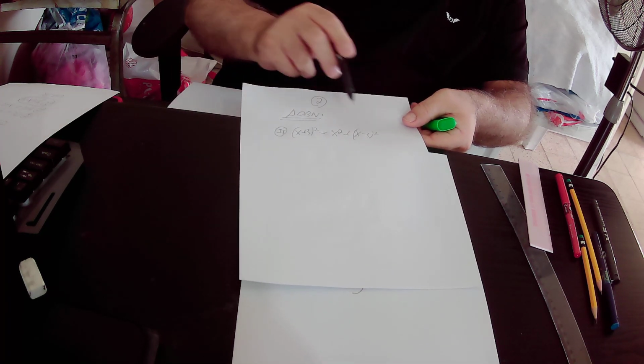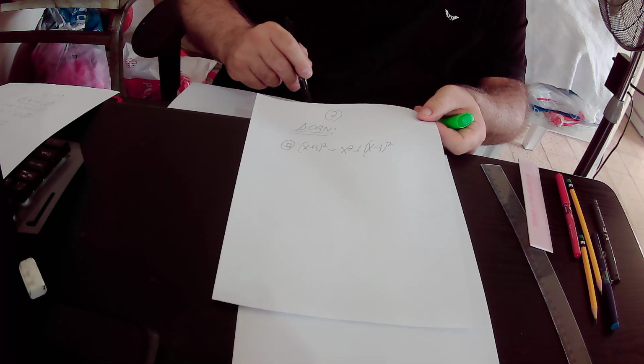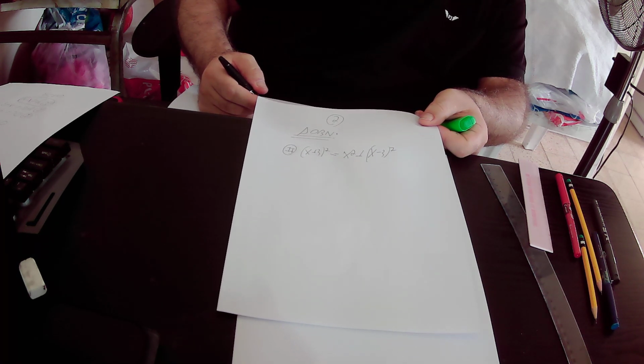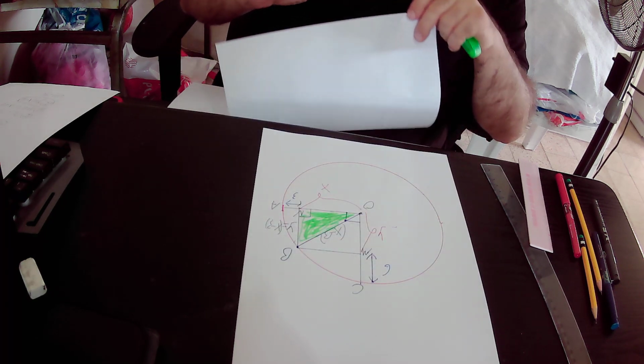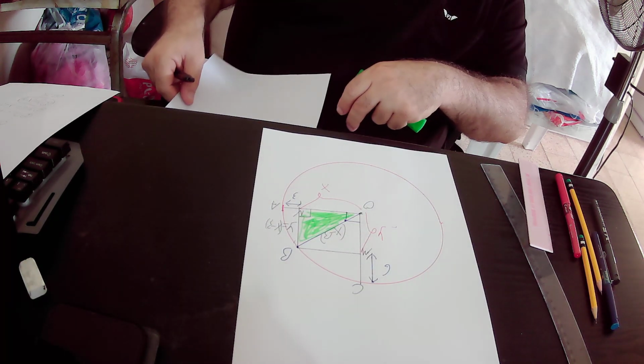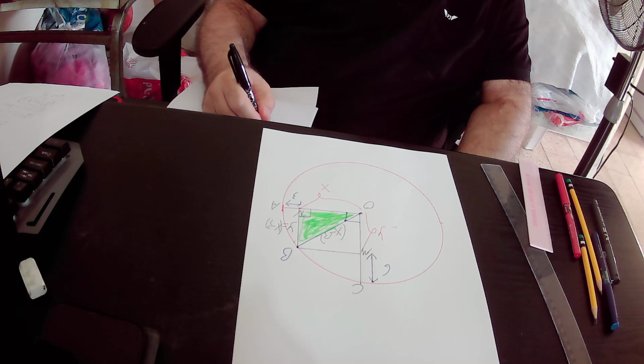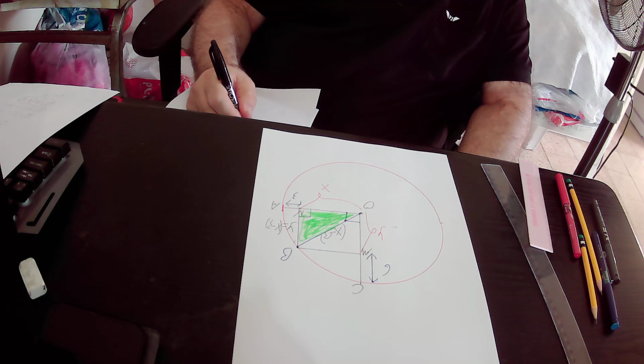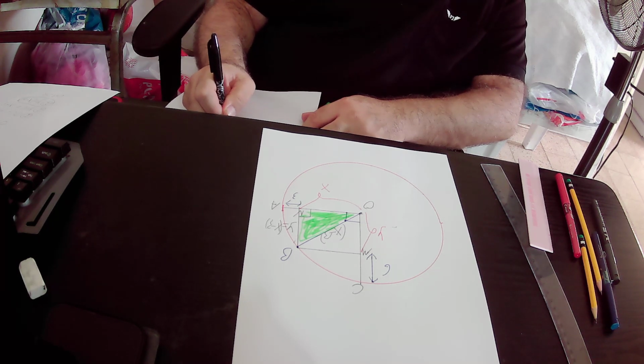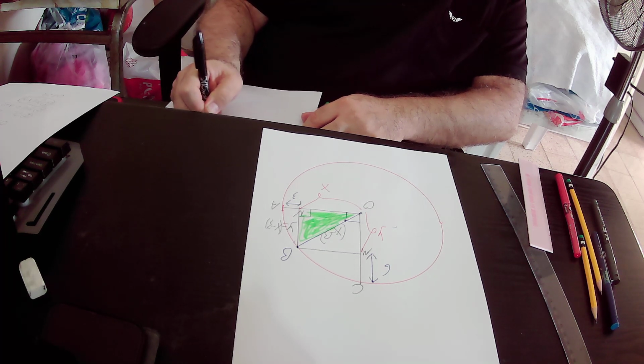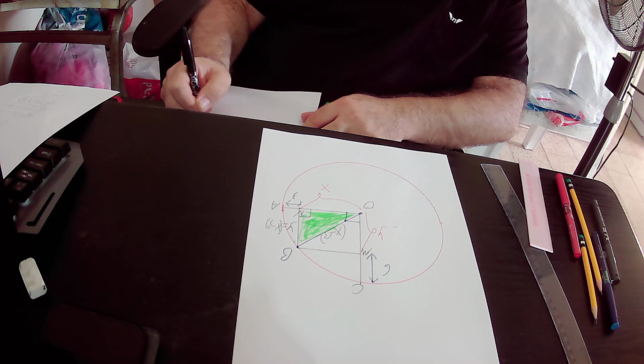In this second equation we will open the brackets. We get that (x plus 3) squared equals x squared plus 9 plus 6x, equals x squared plus x squared plus 9 minus 6x.